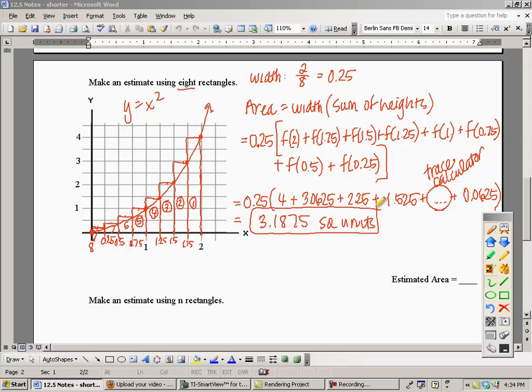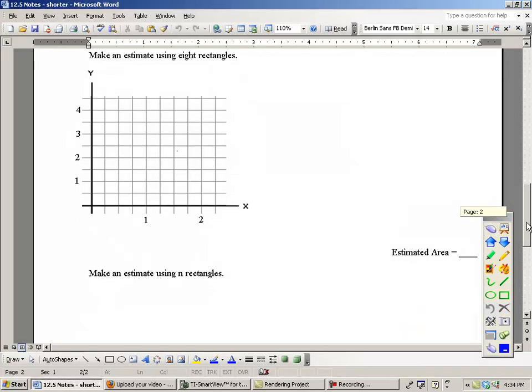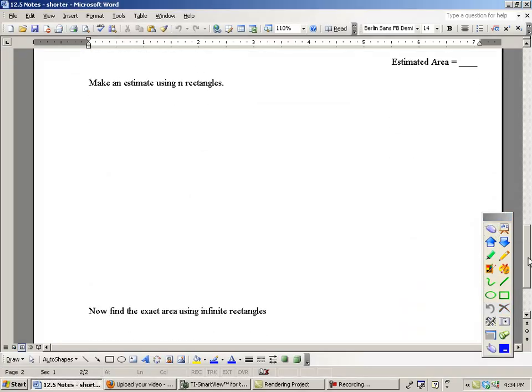And so these are great approximations, but let's be honest. We are never going to get the exact area under a curve until we make as many rectangles as we possibly can, like infinitely many. And so what we're going to do is mix in 12.4, the limits to infinity, with the idea of area of rectangles. So I'm going to walk you through this last one.